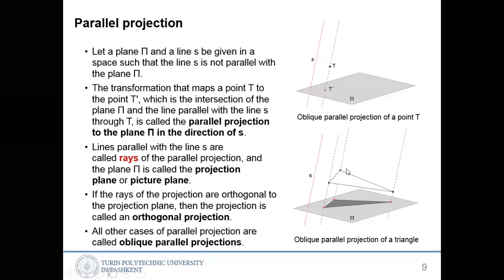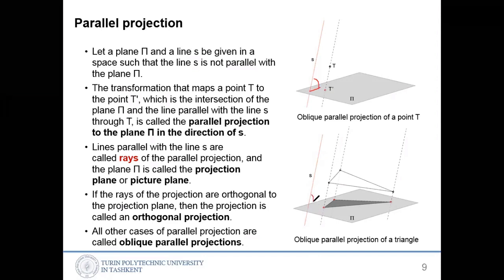Similar to the previous example, the triangle can be projected using a single ray direction, and then all rays are parallel, you see, and the projection is a parallel projection. So that is an orthogonal projection. If the projection rays are orthogonal to the projection plane, the ray angle to this plane P is very important.